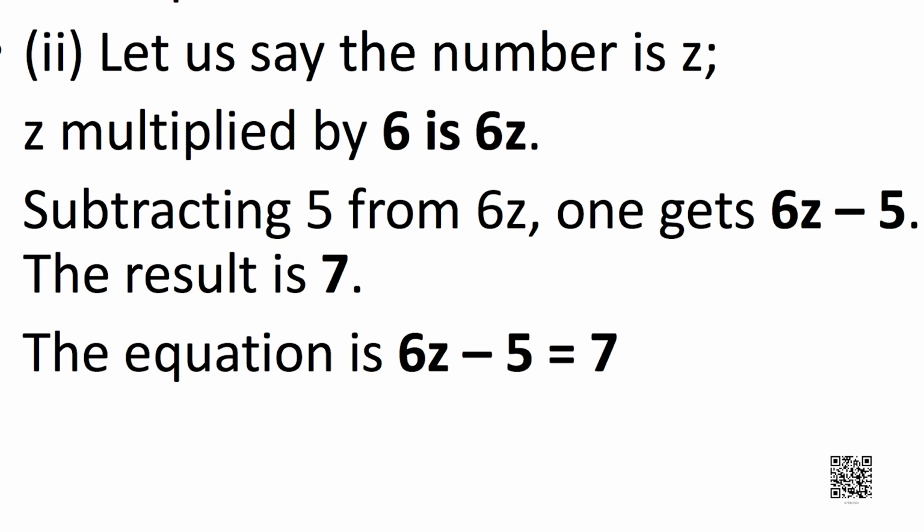Now the solution of the second statement. Let us say the number is z. z multiplied by 6 is 6z. Subtracting 5 from 6z, we get 6z - 5. The result is 7. Therefore, the equation is 6z - 5 = 7.